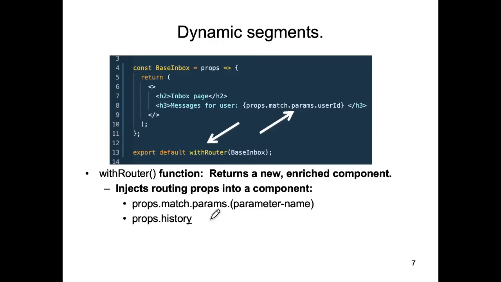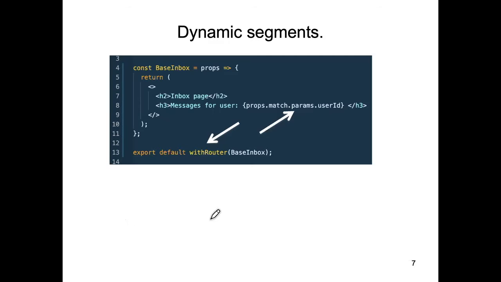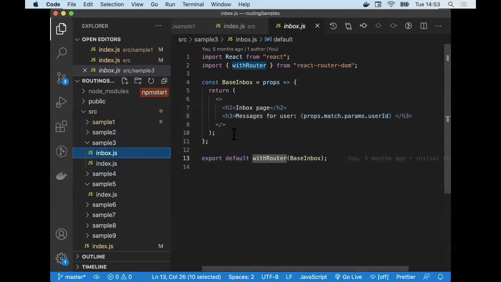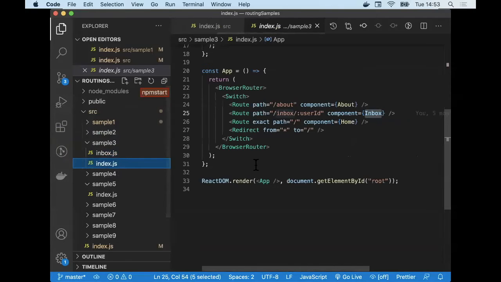If you Google memory router, a memory router is a very lightweight router component. It's not as functional as the browser router that we're using here. I'll bring it up in the code actually. We are using this guy here, browser router.